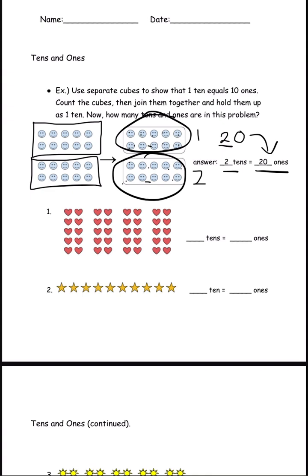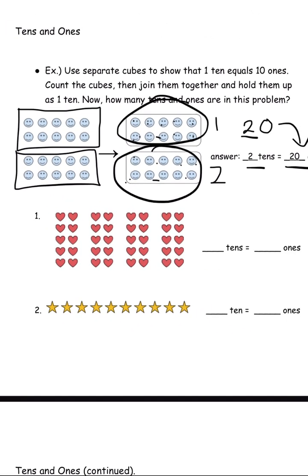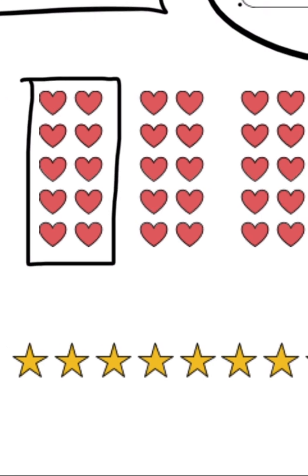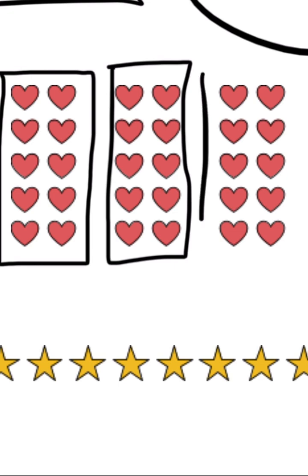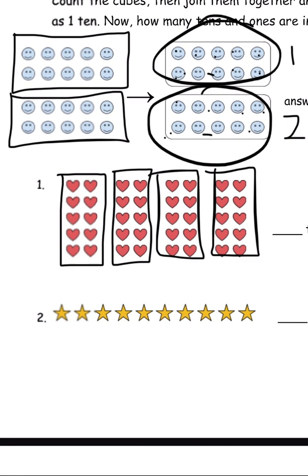Now let's look at number 1. So for number 1, let's first use the separate cubes to show that 110 equals 10 ones. 1, 2, 3, 4.